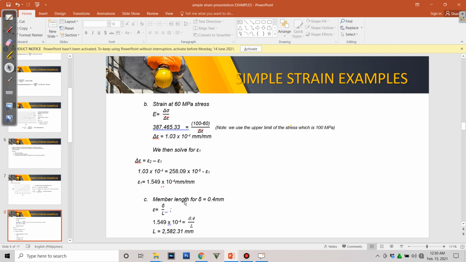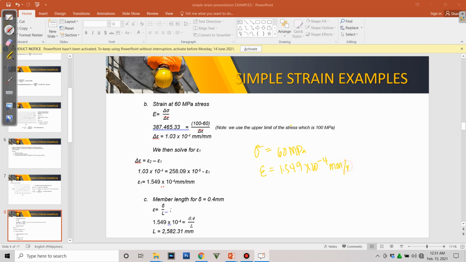And then for the member length of this corresponding strain with deformation of 0.4, what is the length? Okay, so at 60 megapascal, sigma, we have computed the strain to be equal to 1.549 times 10 raised to negative 4.